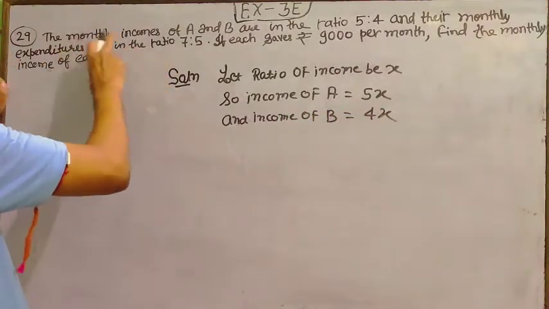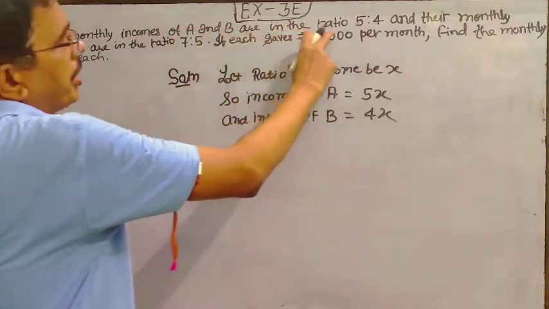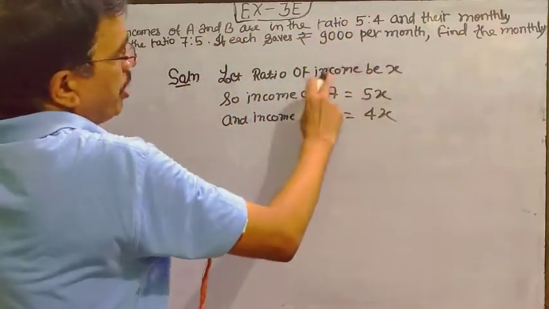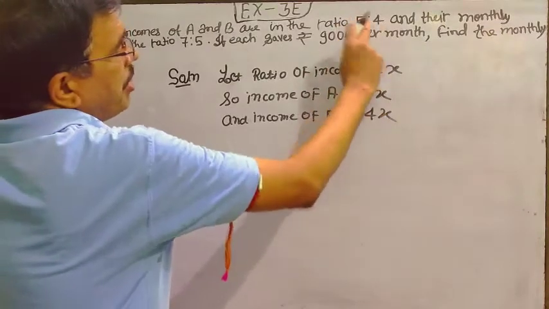Here it is given the monthly incomes of A and B are in the ratio 5:4. So with the income ratio being X, it is 5x and 4x.